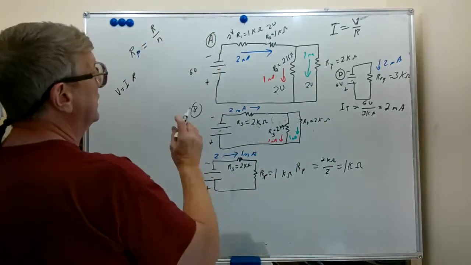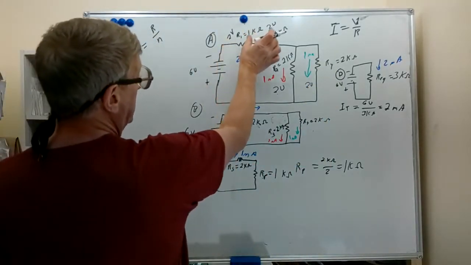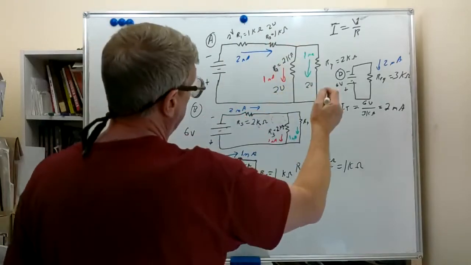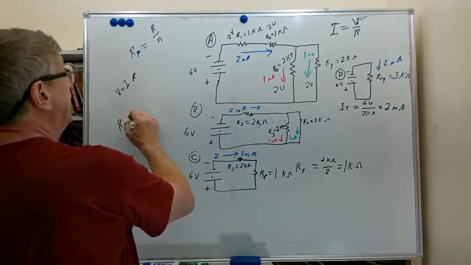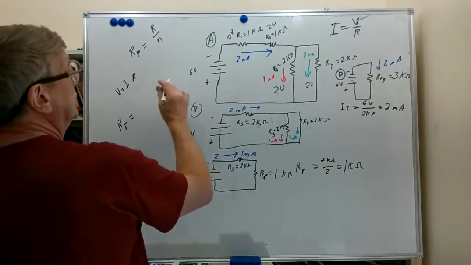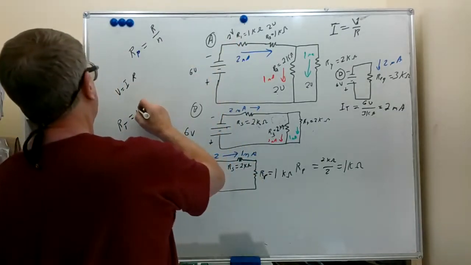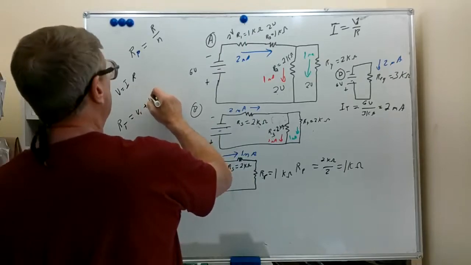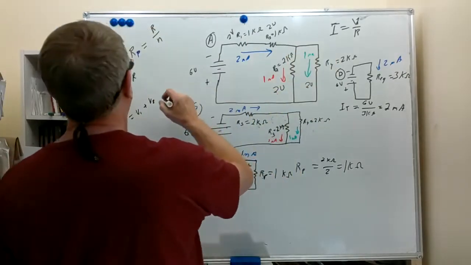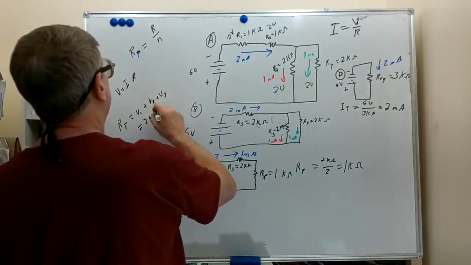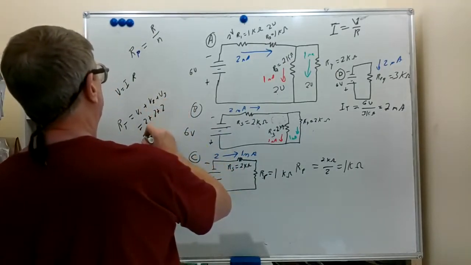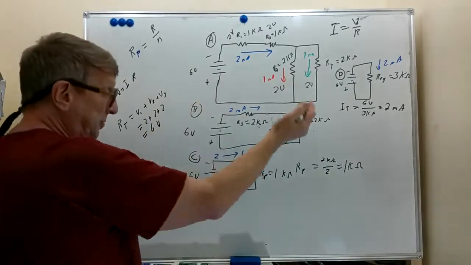So our total is going to be the 2 volts here plus the 2 volts here plus the 2 volts here, 6 volts. We'll call these voltage 1 plus voltage 2 plus voltage 3 equals 2 plus 2 plus 2 equals 6 volts. Same as our supply.